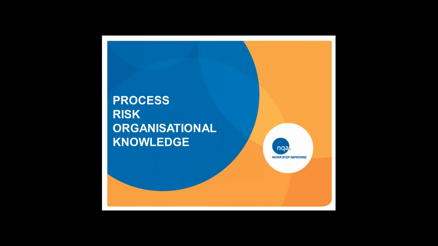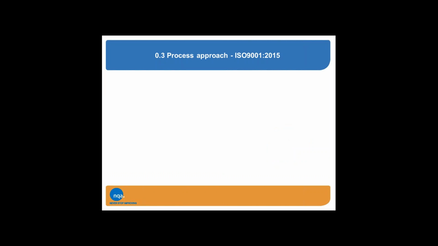I'd just like to spend the last couple of minutes homing in on some changes and emphasis enhancements that have come in 2015. That's process, risk, and organisational knowledge. So in the 2015 standard, there is a section 0. It's not an auditable section, but do read it.